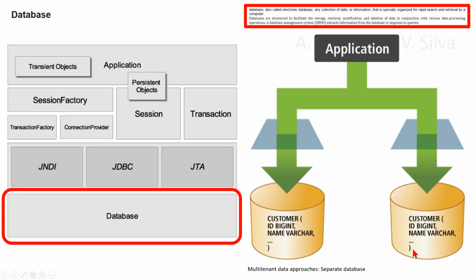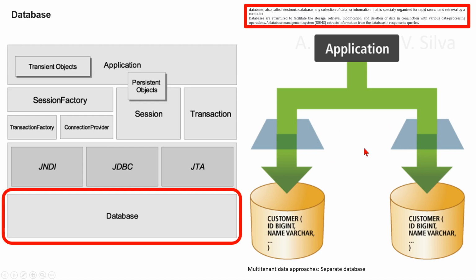Here you can see a separate database in multi-tenant approaches. Each tenant's data is kept in a physically separate database instance. The JDBC connection would point specifically to each database, so any point would be per tenant.